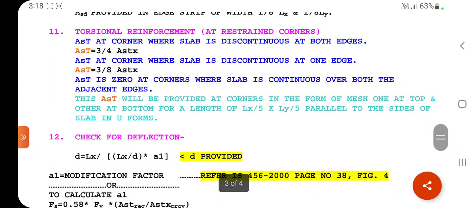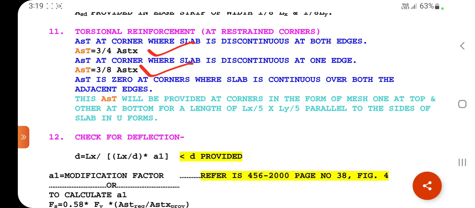Then the next step number 11, that is the torsional reinforcement at the restrained corner. Ast at the corner where the slab is discontinuous at both the edges is equal to 3 by 4 Astx. When the slab is discontinuous at one edge, that Ast is equal to 3 by 8 Astx.